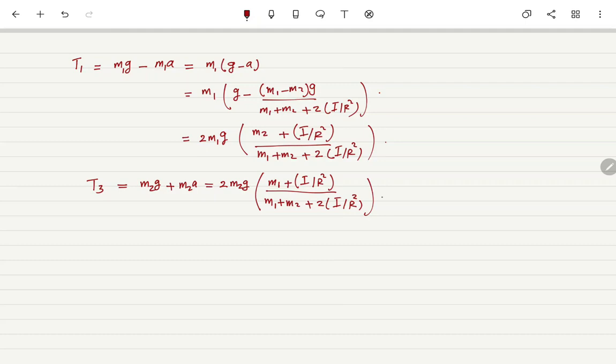And finally, to find T2, it's equal to T1 minus I alpha over R, or equal to T1 minus I A over R square.